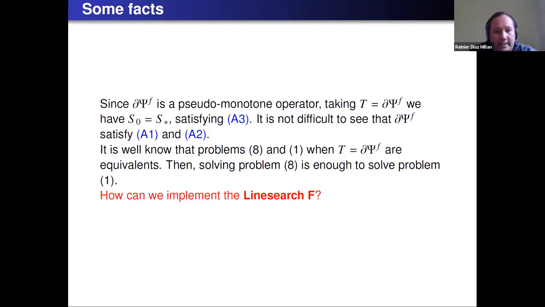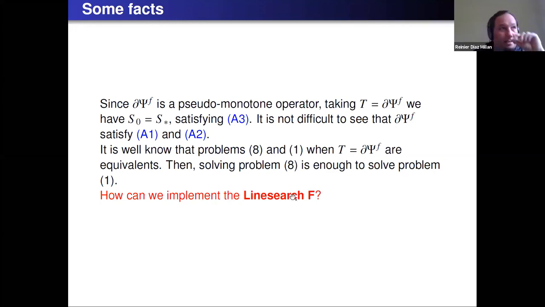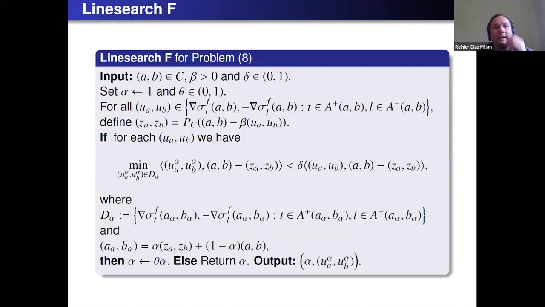It is very difficult to compute all the points on the set T of xk. But it is not, because of the way that we compute the Clarke differential. This is the line search, transformed and applied to our problem.